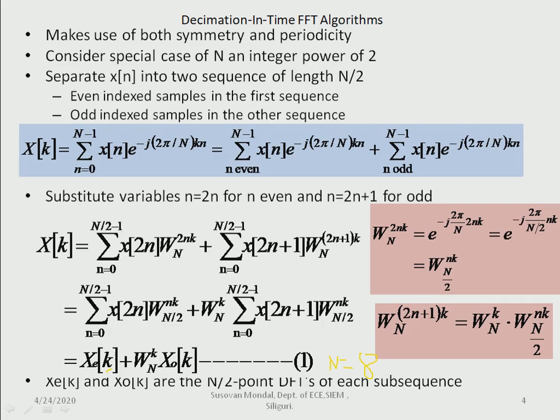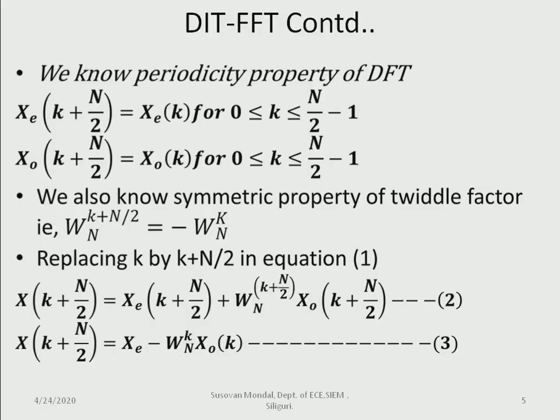If I put k equal to 0, it gives the value of X of 0. If I put k equal to 1, it gives the value of X of 1, X of 2, X of 3 at maximum. So in equation number 1 we are getting the values for k from 0 to 3, and from equation number 3 we are getting the values of X from 4 to 7. So this is very interesting.